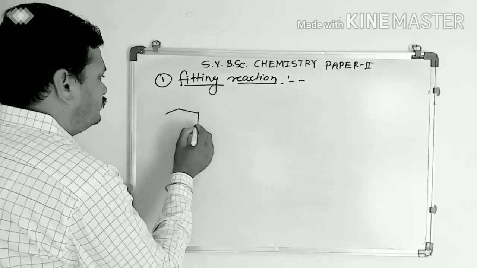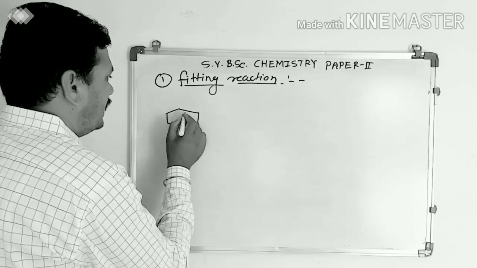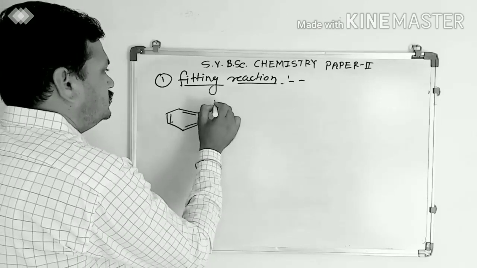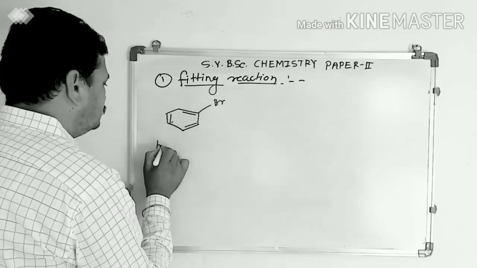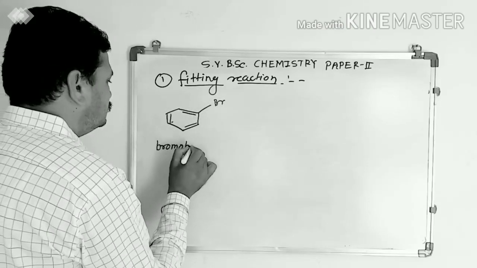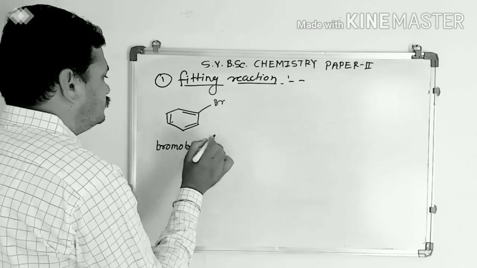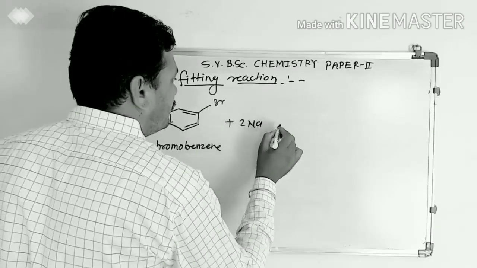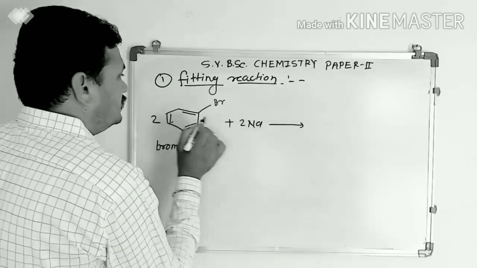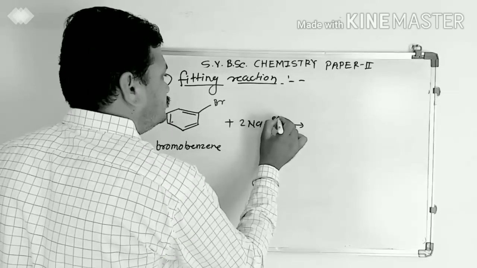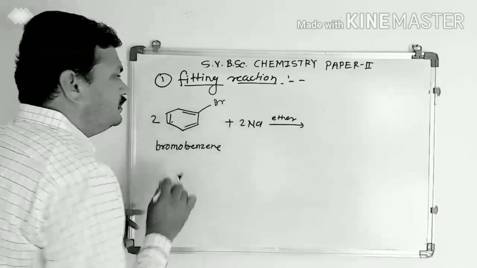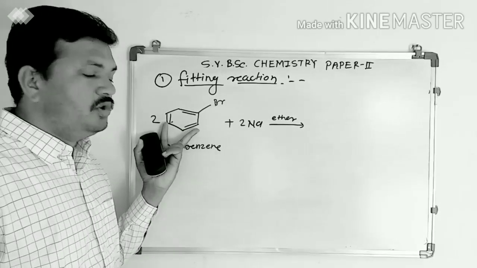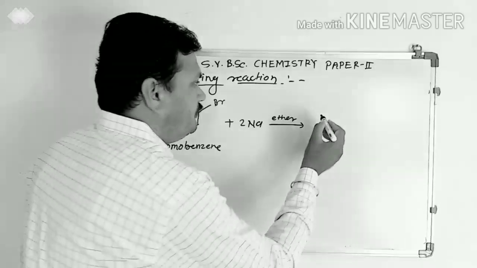When 2 moles of aryl halides, suppose it is bromobenzene, is treated with sodium metal in dry ether, then there is coupling of these two aromatic compounds, and we get the product.